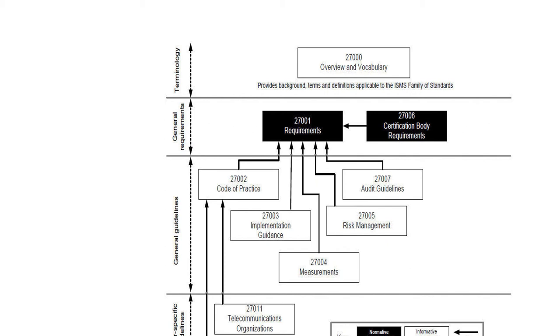And the second one, general requirements, and here come the two well-known standards, 27001 and 27006. In this picture we can find ISO 27005 in the third category, general guidelines, risk management. So it means that it provides the general guideline to conduct risk management in your organization.